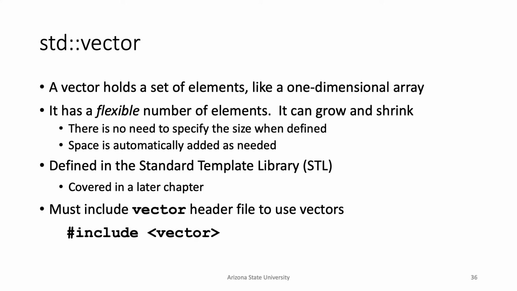If I want to copy all of the elements of one vector into another, just do assignment. Whereas with arrays, did that work? Can I just assign one array name to another? No, because that's assigning the address of the array.